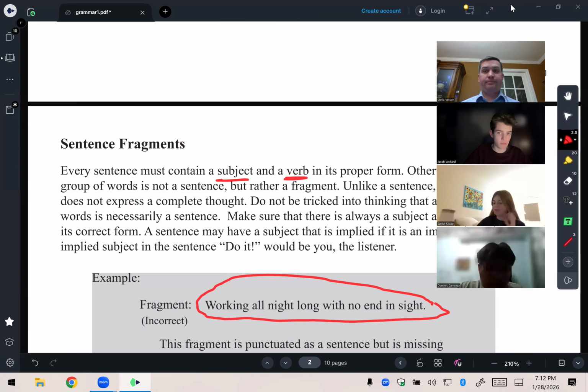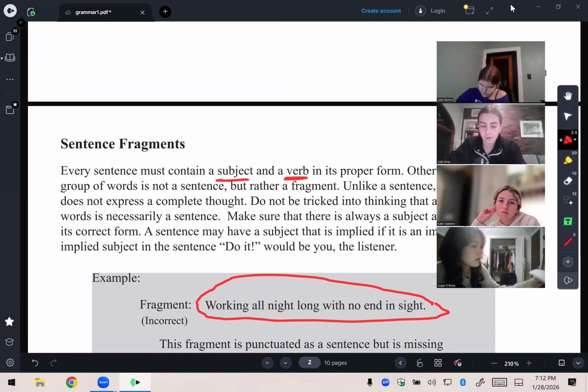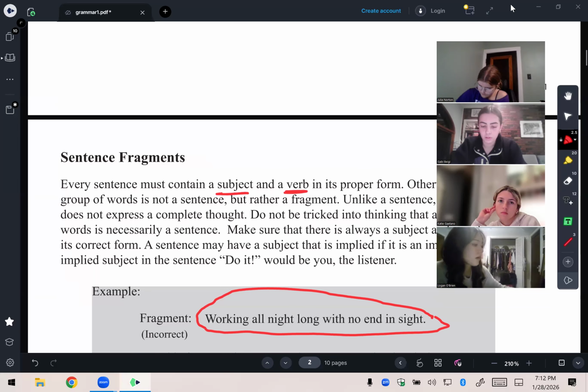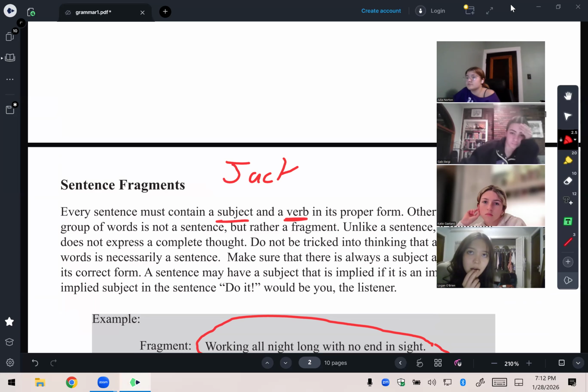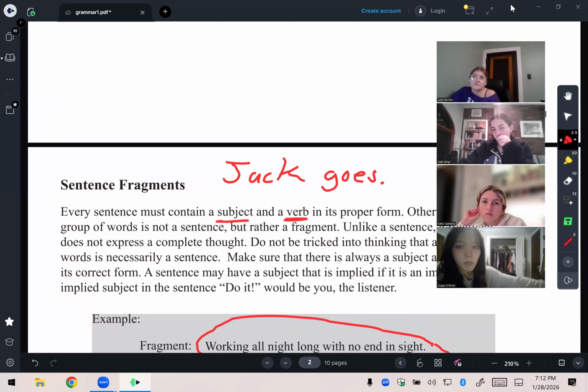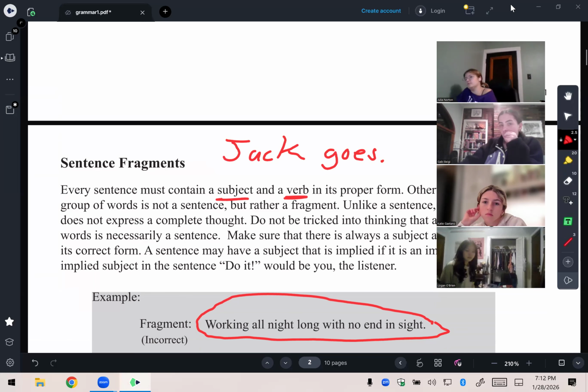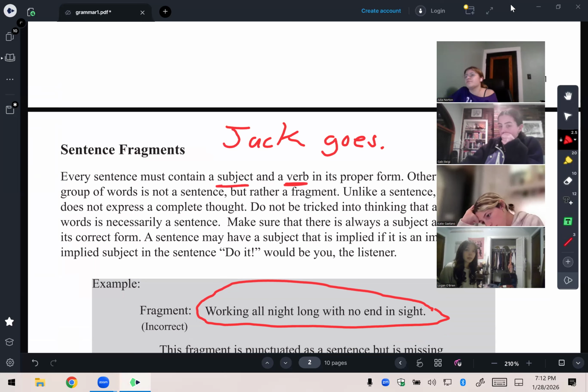What are we missing? Anybody have a clue or a suggestion? You really only need a couple things. Like this is a sentence: Jack goes, period. It has a subject, has a verb, has punctuation. What are we missing? Anybody?